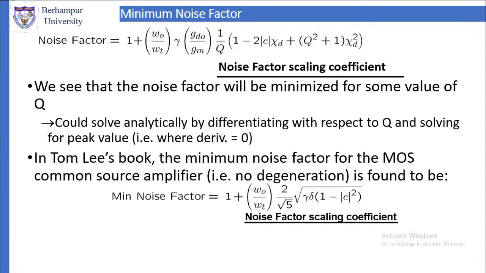So we do this analytically by differentiating with respect to Q and solving for the peak value, that is, where the derivative is equal to 0.